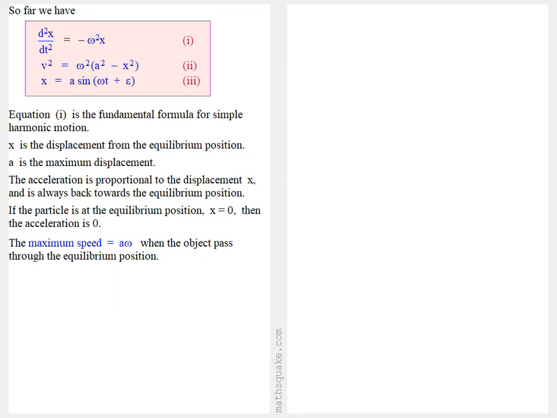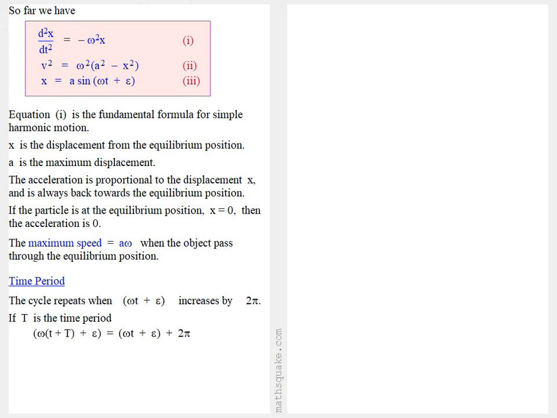The second equation says the maximum speed is equal to a omega, and that's when the object passes through the equilibrium position. Now from equation 3 we can work out the time period. The cycle repeats when omega t plus epsilon increases by 2 pi. Let capital T represent the time period. So if the time small t increases by the time period capital T, then omega t plus epsilon increases by 2 pi.